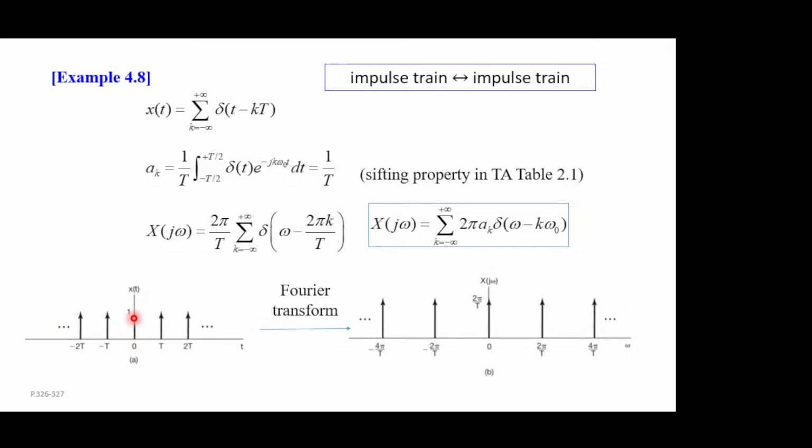Because you have equally spaced deltas here, by the same logic you will have a periodic big X, and you see this period is 1 over big T. Okay, if no question, then we should have enough time.